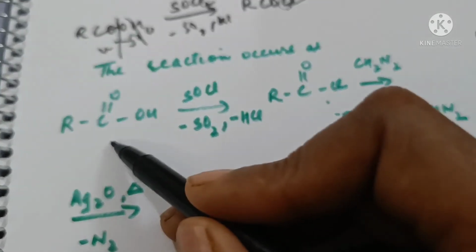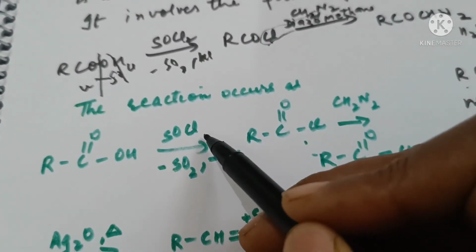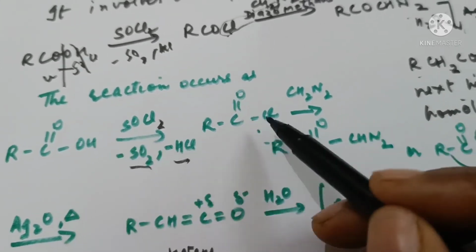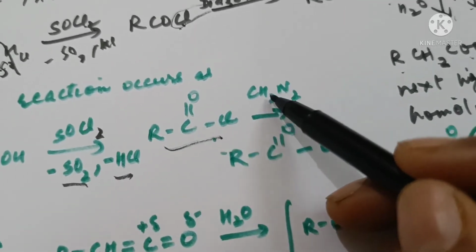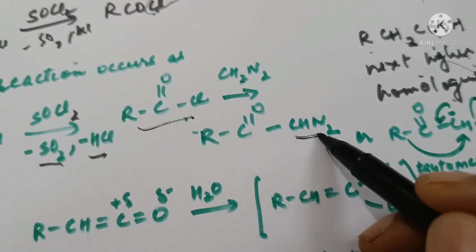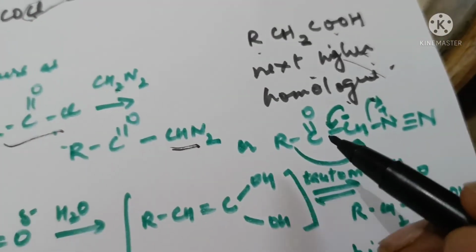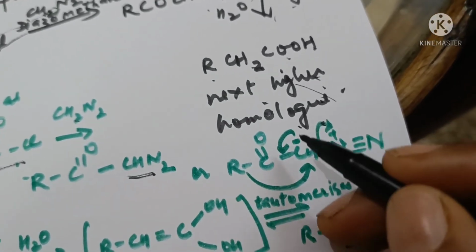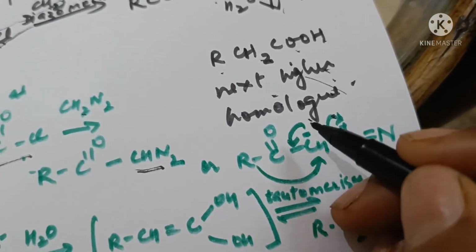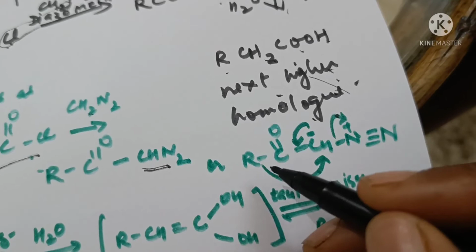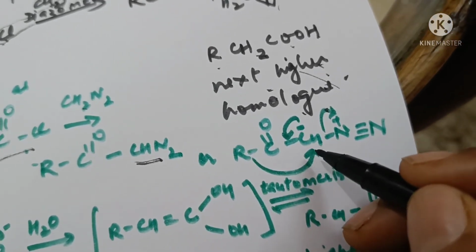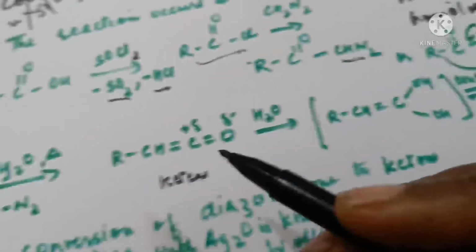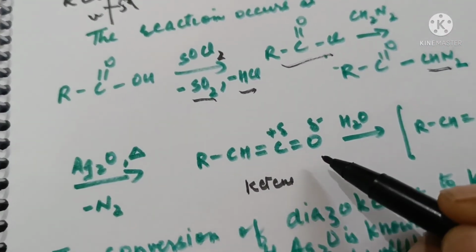The reaction occurs as, with thionyl chloride, sulfur dioxide and HCl are eliminated and the acid chloride is formed. With diazomethane, this gets attached over here. Now the compound is this. Here the rearrangement occurs: the negative charge comes here, the alkyl group migrates to this carbon and nitrogen is removed. As a result, the product ketene is formed.